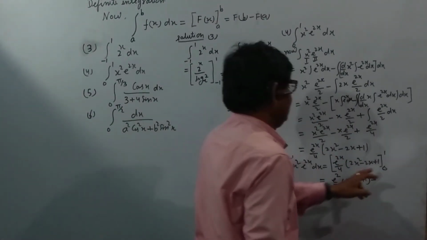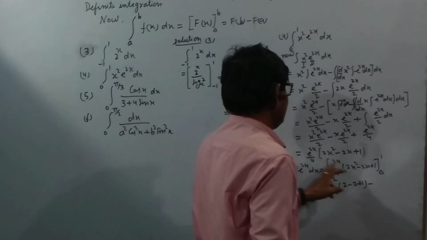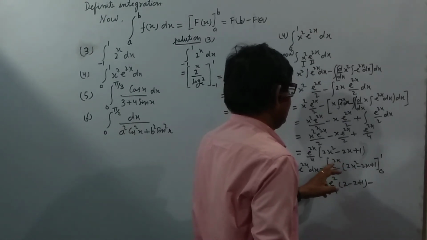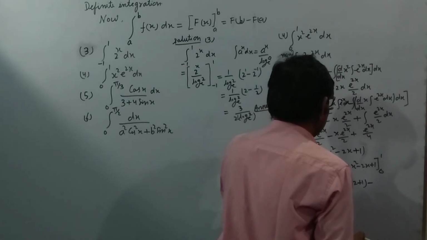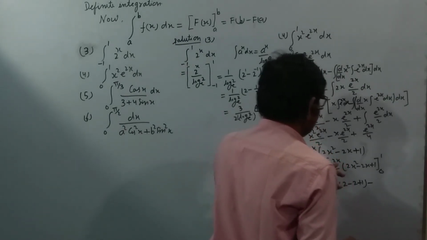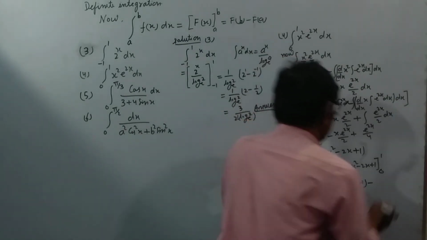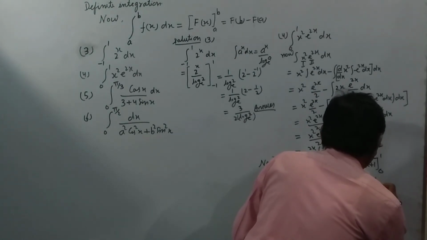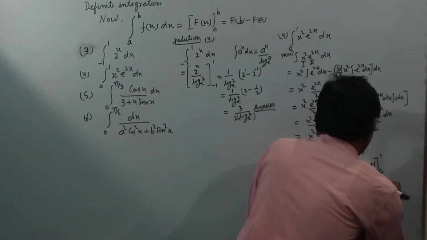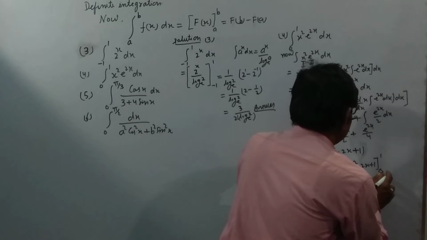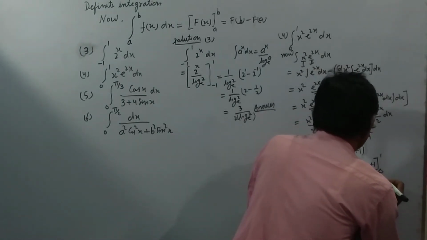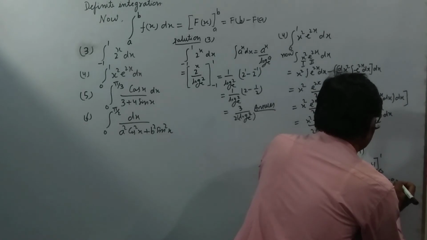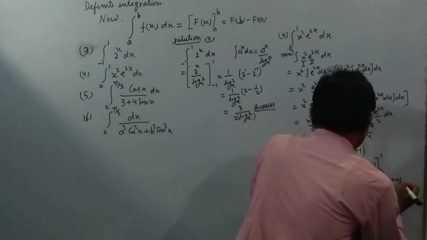Minus, putting here 0, x is equal to 0, this will be e to the power 0, that is equal to 1 by 4 here, and here x is equal to 0, this is 0 and this is 0, this is equal to only 1, 0 minus 0, this is equal to 1 here.